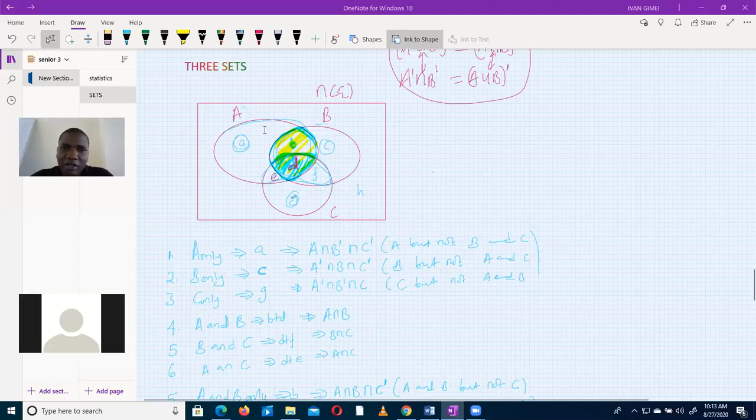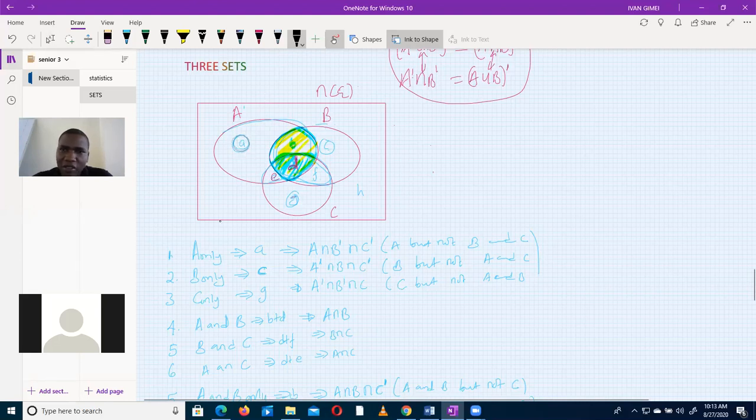Okay, we're defining the regions of a set. Where this small a is, we call it the region of A only. This is the region of A only.